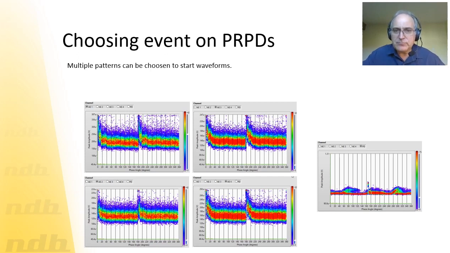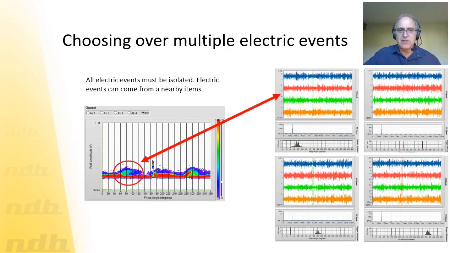So I said to myself, I'm facing a suspicious PRPD. Let's focus on specific events. So I chose wrongly, but I didn't know at the beginning. I chose the electric channel because I thought that it was nice, but in fact it was not.